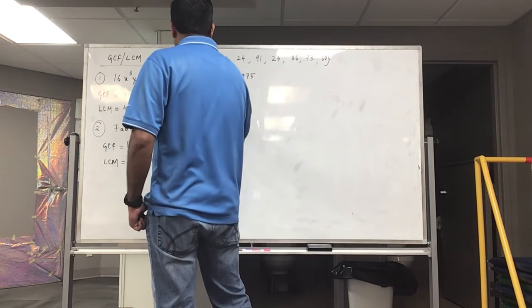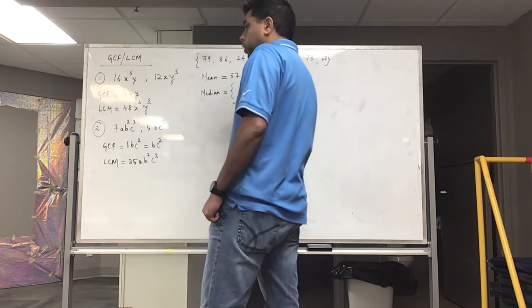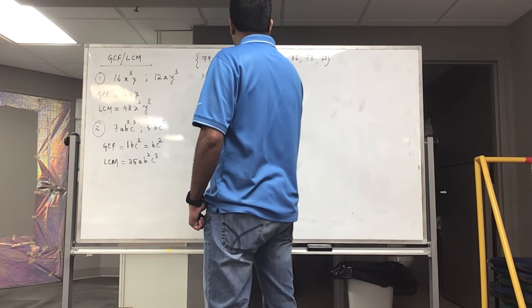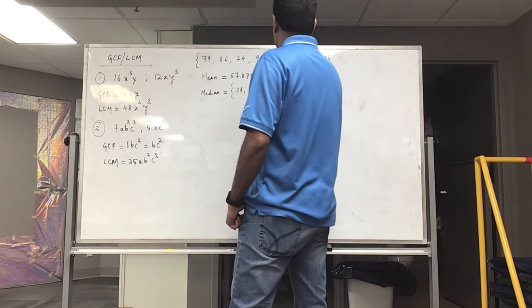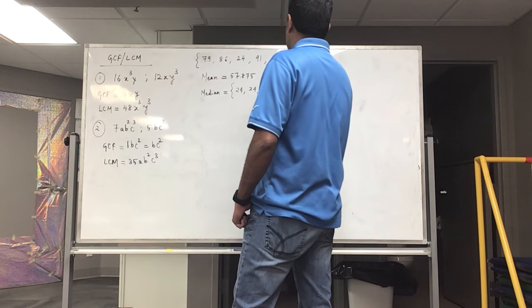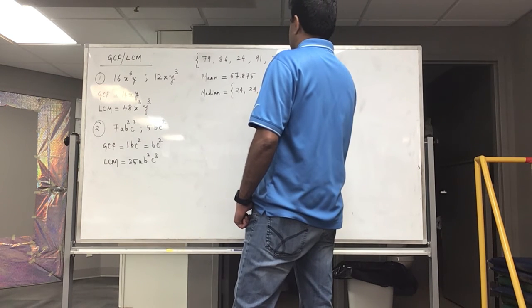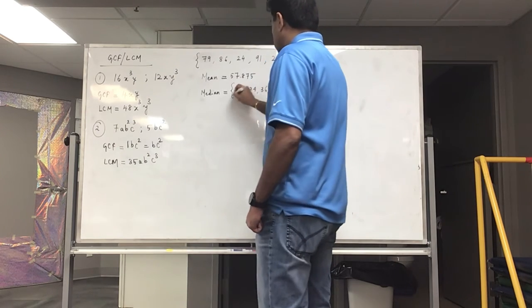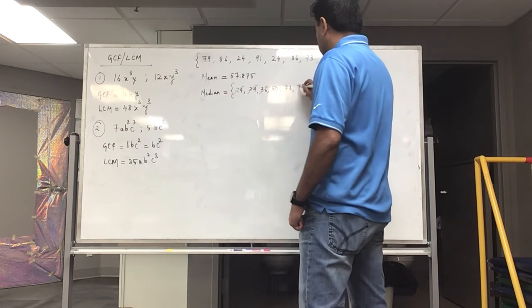For median, you have to be a little bit careful. You have to arrange the numbers in ascending or descending order first. So 24, 24, 36, 50, 83, 79, 86, 91. Okay, so 1, 2, 3, 4, 5, 6, 7, 8.